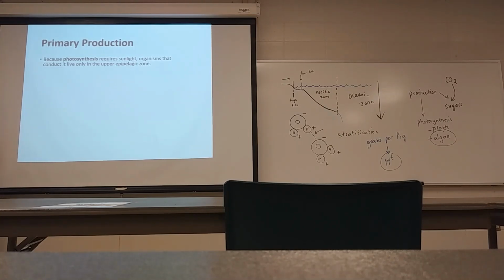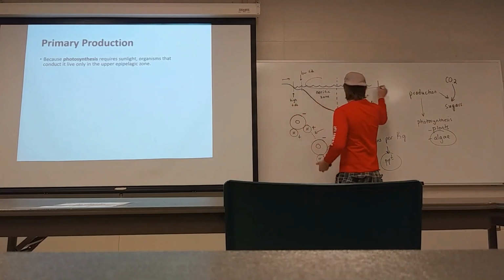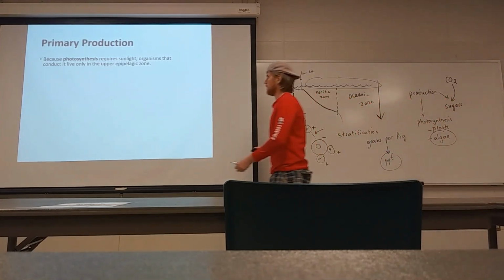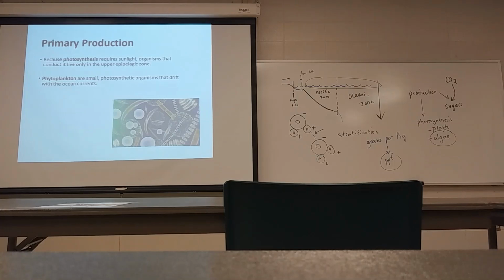Photosynthesis requires sunlight, and organisms that conduct photosynthesis can only do it where the sunlight is adequate, and that is up here near the surface of the ocean, the epipelagic zone, the only place where the sunlight penetration is great enough to allow them to photosynthesize.